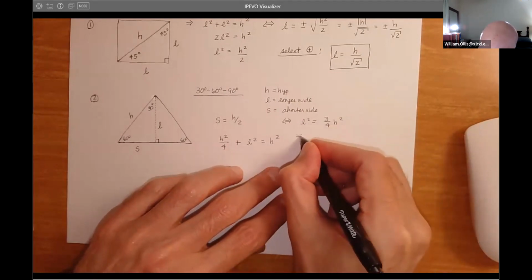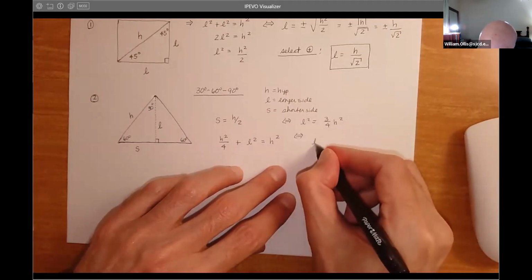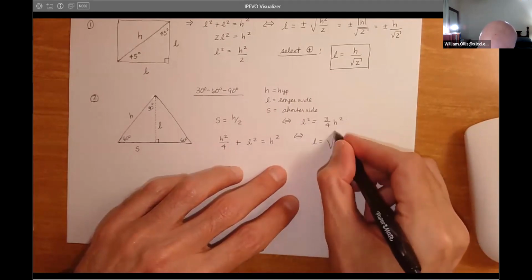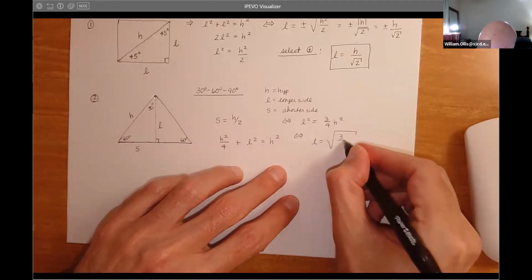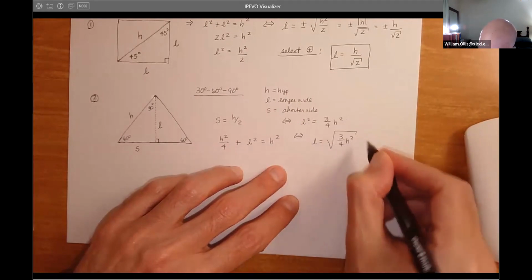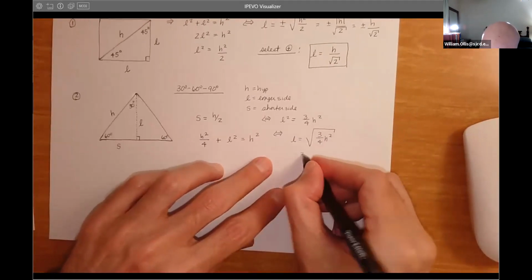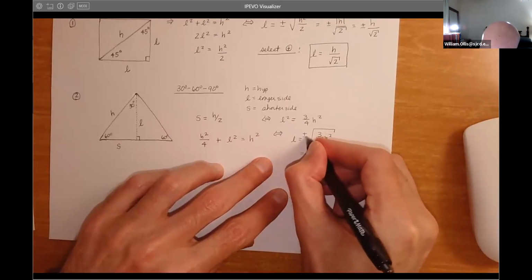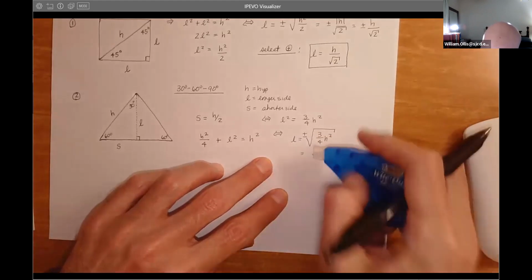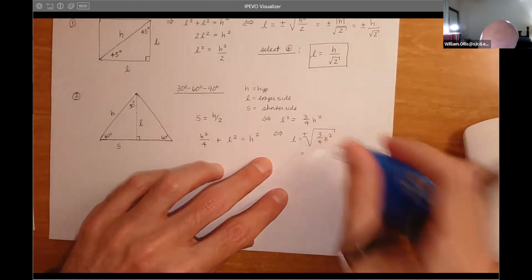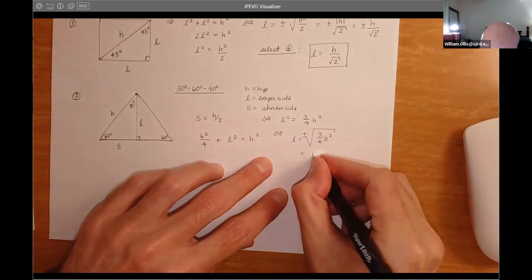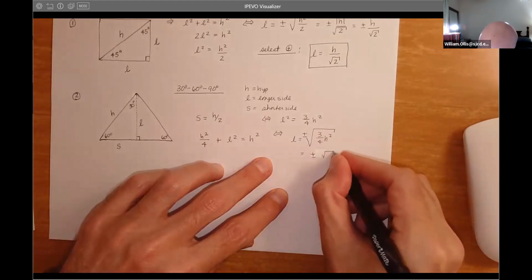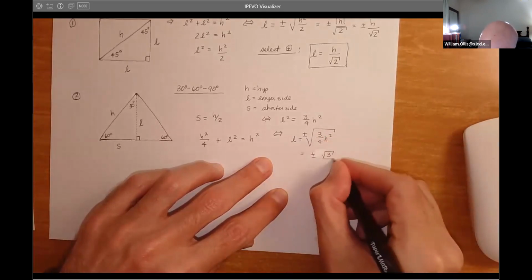Now by the square root property, we have L equals the square root of 3/4 h squared. So the same song and dance, which will give us the square root, oh, and of course, plus or minus. Let me not be bad about that. We'll have to select. So we have plus or minus square root 3. Of course, the square root of 4 is 2.